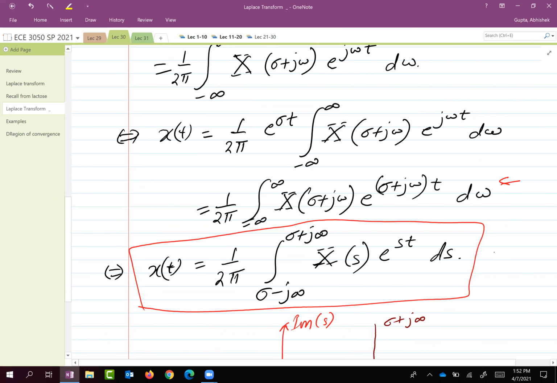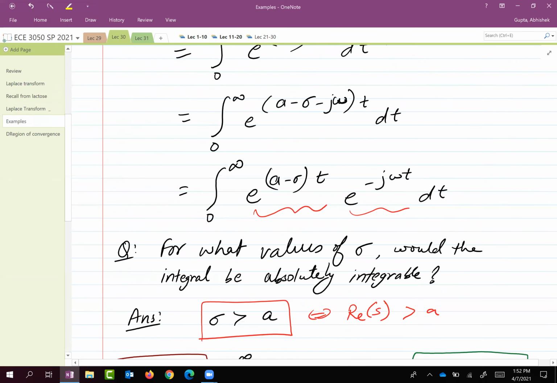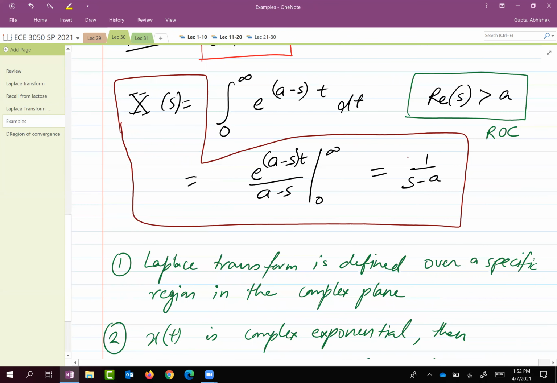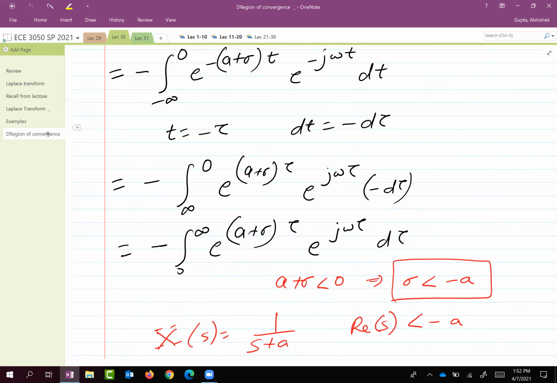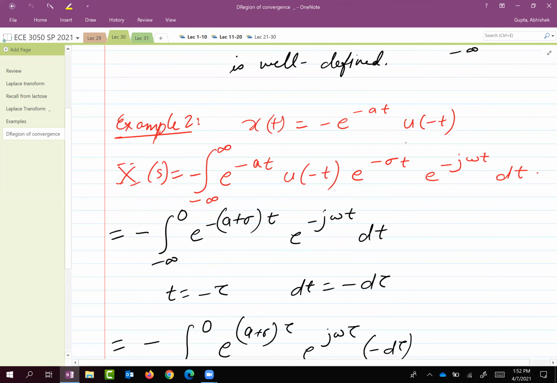And then we talked about two specific examples. One is an exponential signal, and we found what the Laplace transform of this exponential signal is. It's 1 over s minus a for real values of s greater than a. And then we did another example of a similar looking signal, but with u minus t.